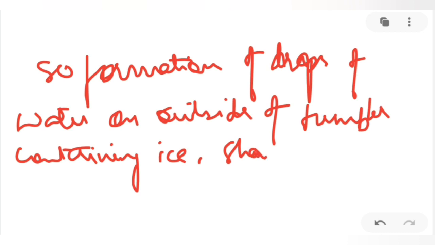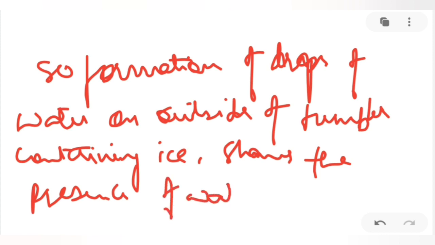It shows what? It shows the presence of water vapor which was present in the air.